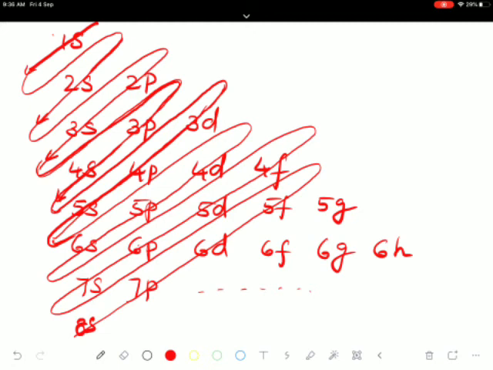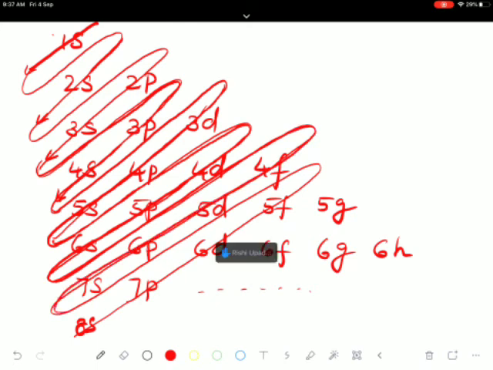After 4s, 3d. Like this it will be going. So electrons are filled. What happened, Rishi?